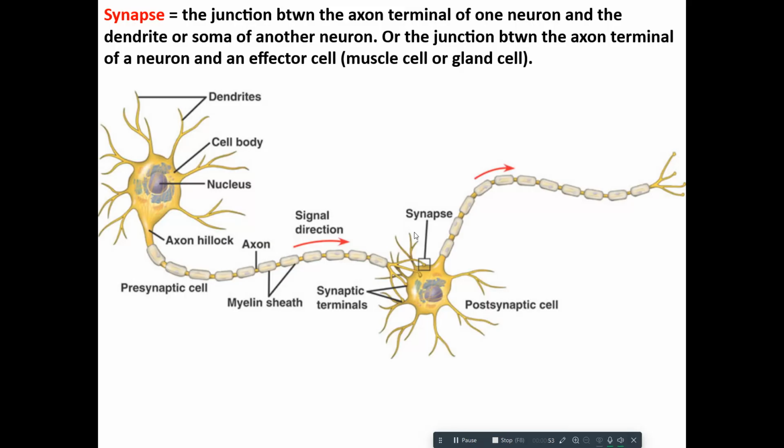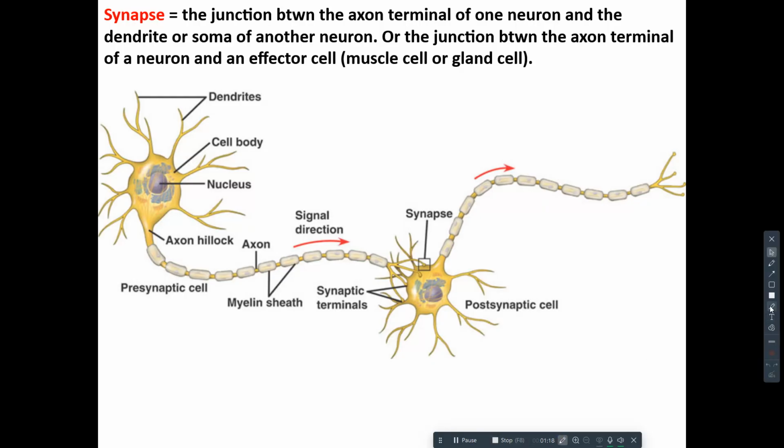It's the way neurons connect. It's the point at which neurons meet and communicate. It could also be the junction between a neuron and an effector cell, like a muscle cell or a gland cell. And by the way, notice that the flow of information is going to be in this direction.